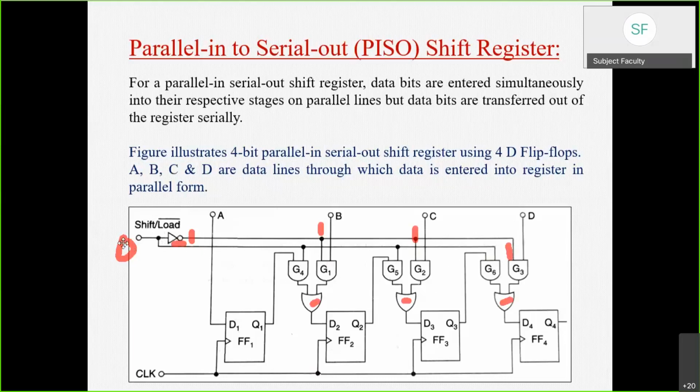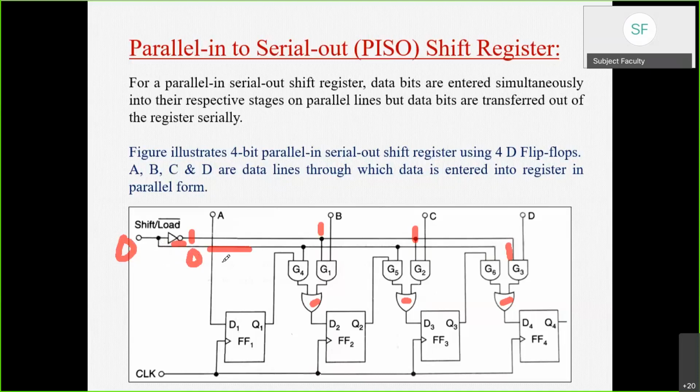Since this line is 0, the line below is the 0 line. So the above line is line 1, because it is the output of the NOT gate, and the below line is the logic 0 line.